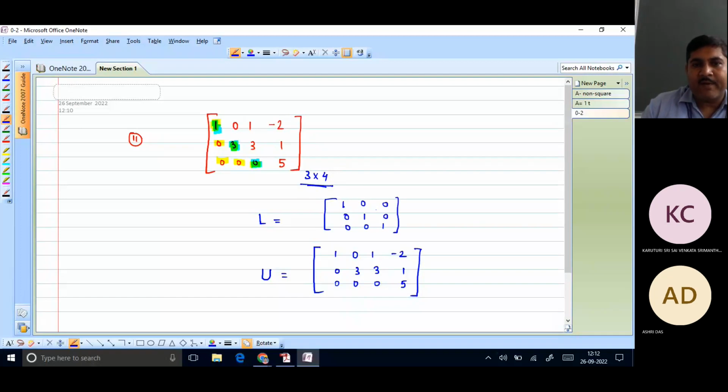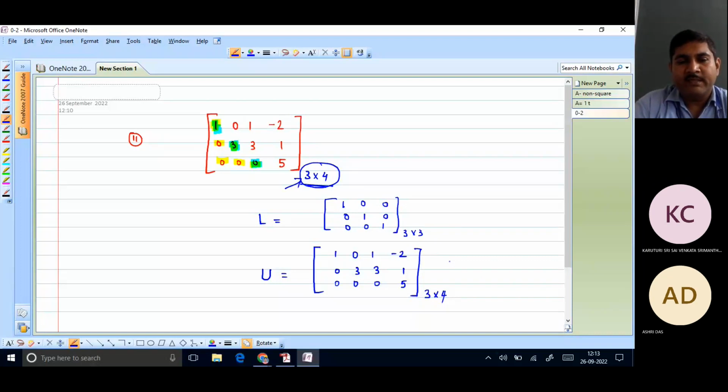From here you can see the size of U should be 3 by 4, so it is itself 3 by 4 in size, and the size of L will be 3 by 3. Right? So this is your answer.